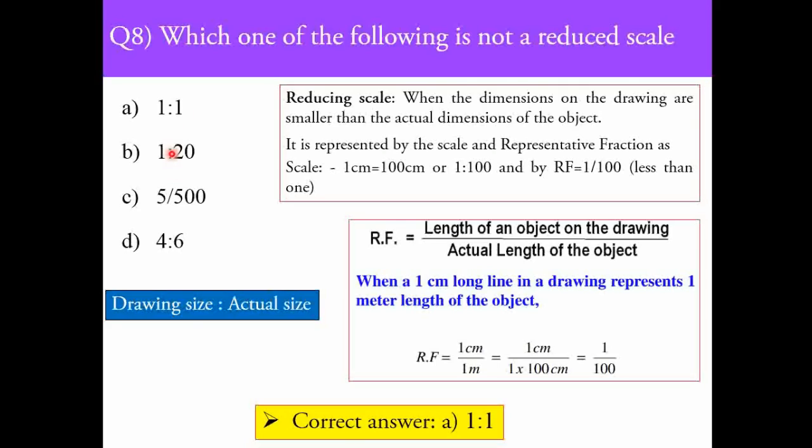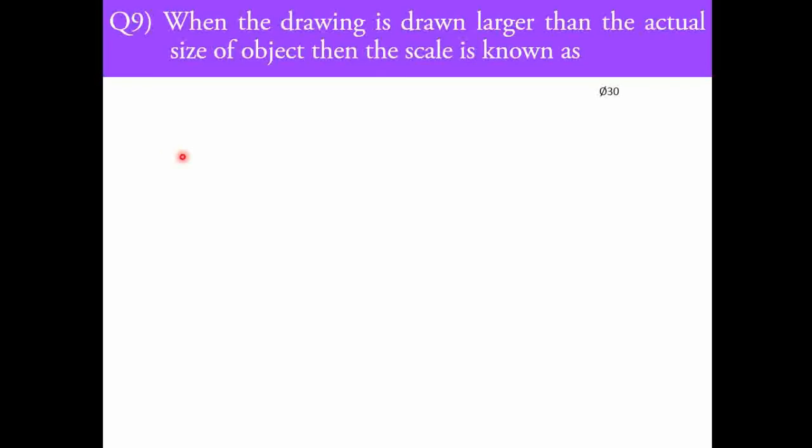Okay. Now the next question, question number 9. When the drawing is drawn larger than the actual size of the object, then the scale is known as. So with the help of a diagram, first of all we will understand.